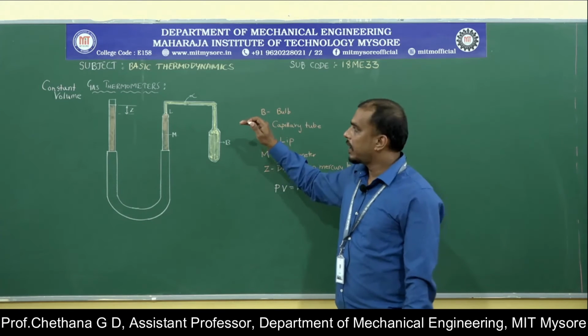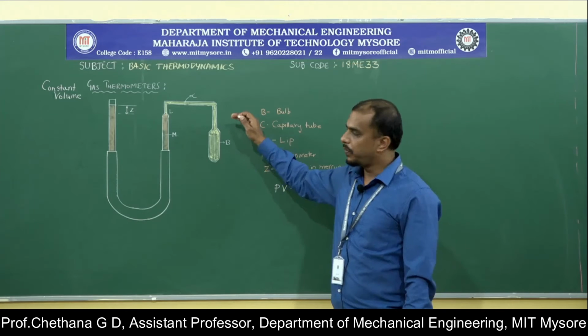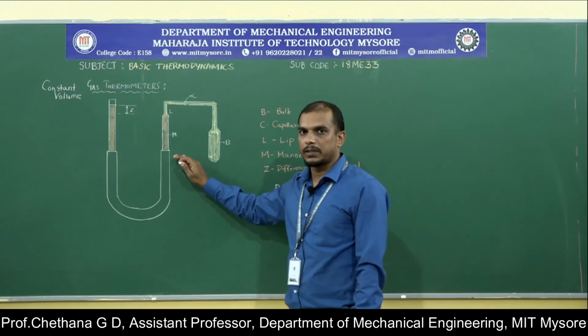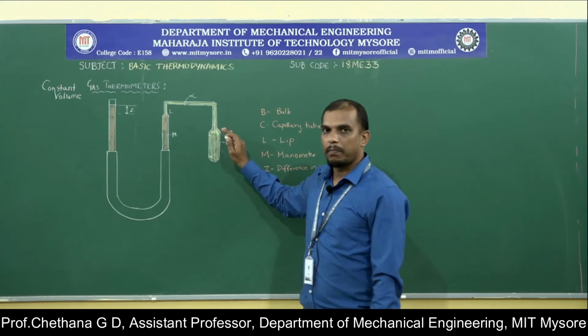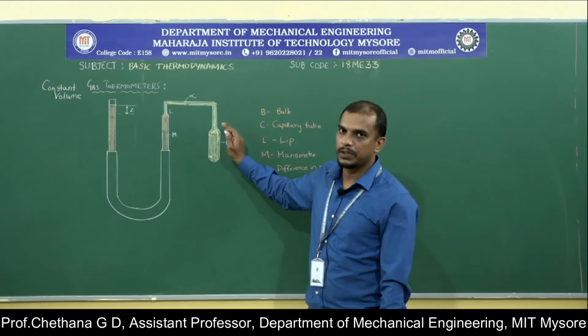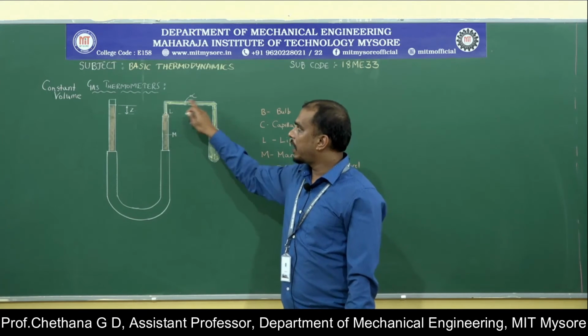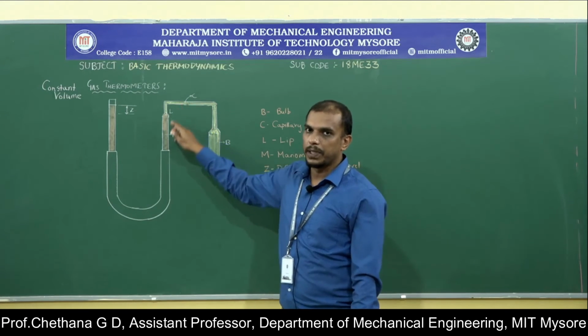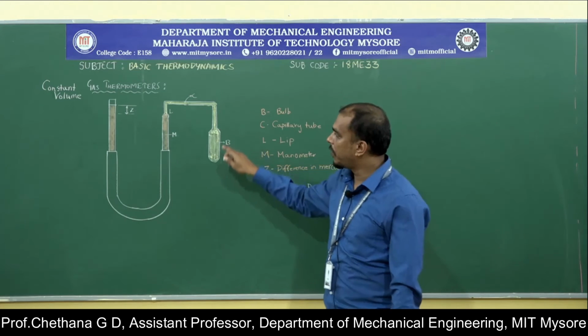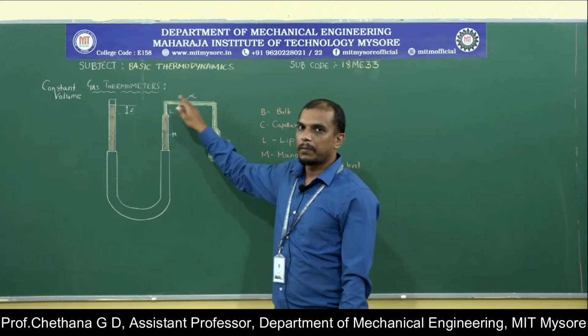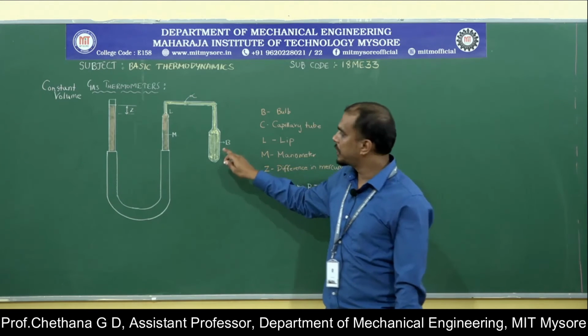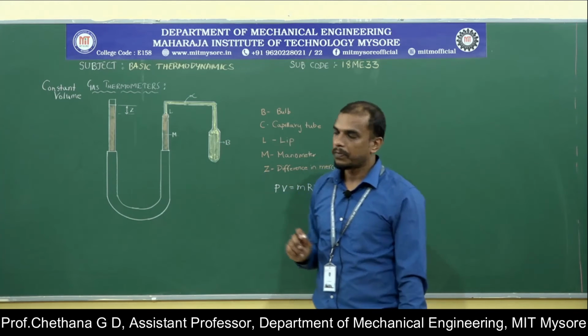We have a setup which looks something like this. We have a bulb B within which a known gas is enclosed. A certain volume of gas is enclosed within bulb B, which is denoted by yellow color.